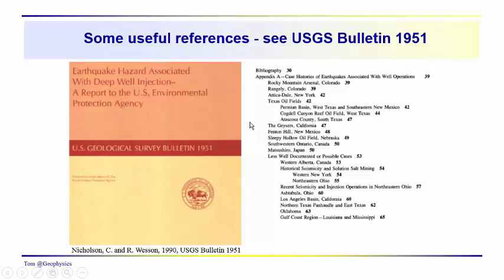So just before we leave the discussions of unconventional resource development, I wanted to point out some additional resources. There is a U.S. Geological Survey bulletin by Nicholson and Wesson that was published in 1990, long before shale gas development activities came into the news. You can see that this goes back into the 60s, the Rocky Mountain Arsenal. The Rangely experiment was a controlled experiment.